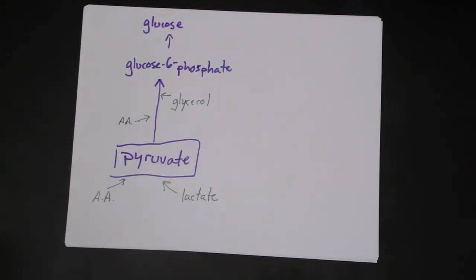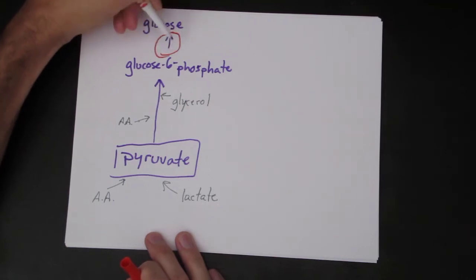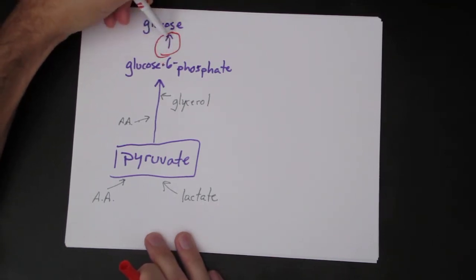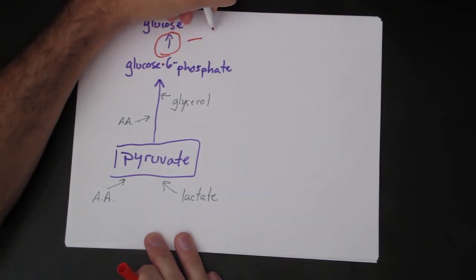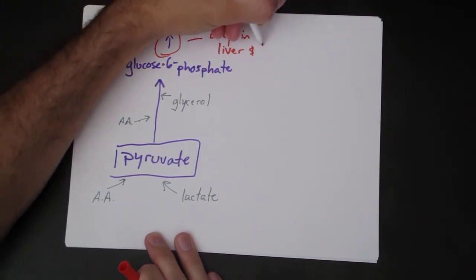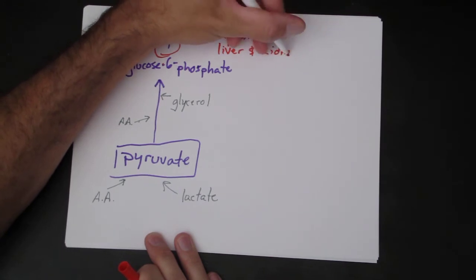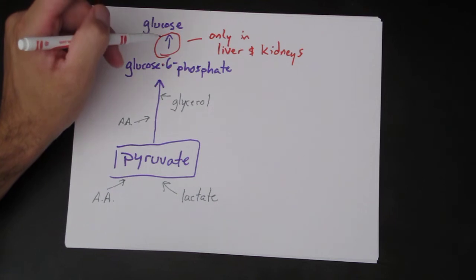But here is something that's really interesting about this process. The step where we convert glucose 6-phosphate to glucose can only take place in the liver and kidneys.